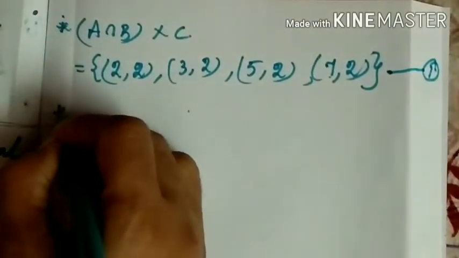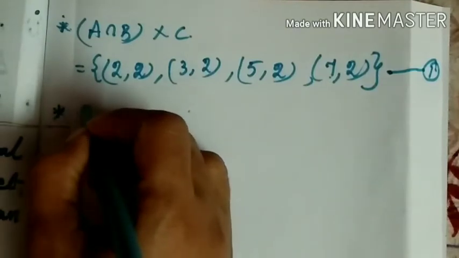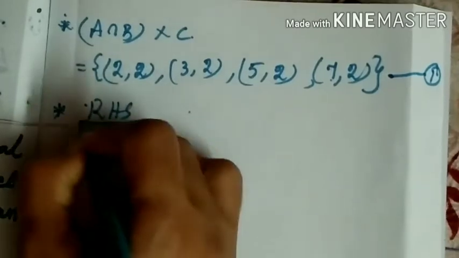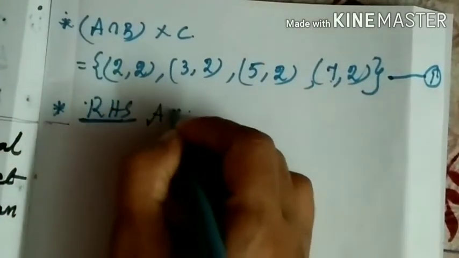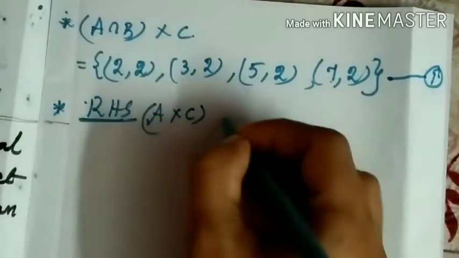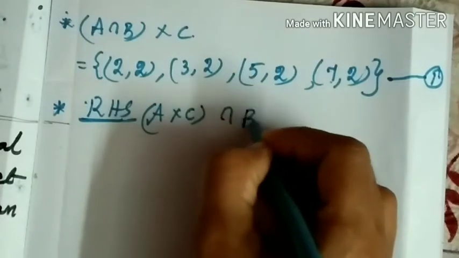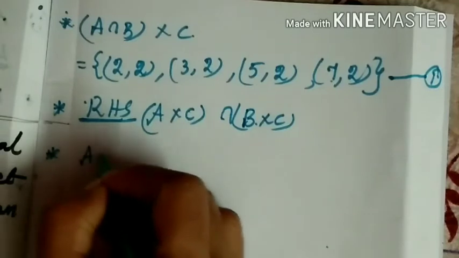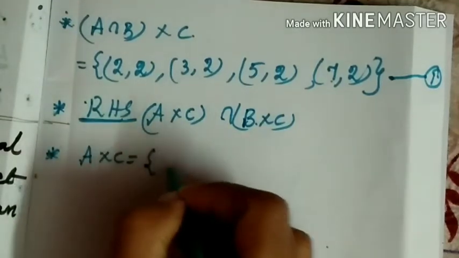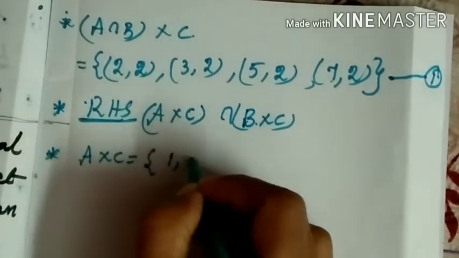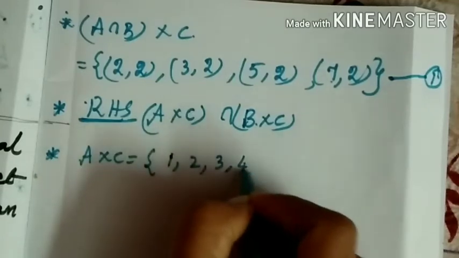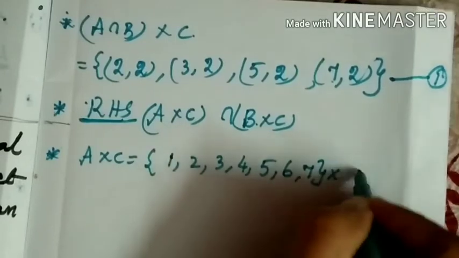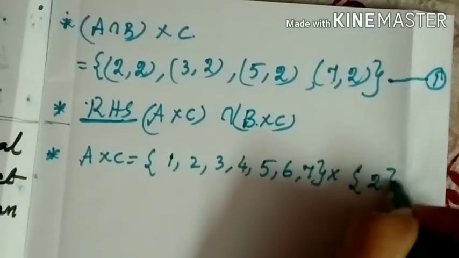Okay, next we take RHS, right hand side, that is A cross C intersect B cross C. So first you find the first bracket term, A cross C, equal to A element 1, 2, 3, 4, 5, 6, 7 cross C element 2.